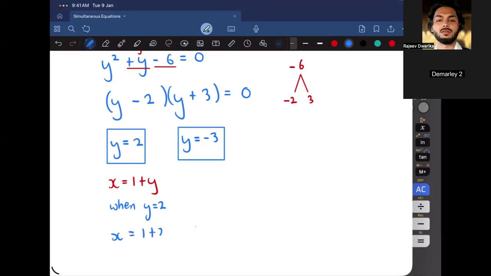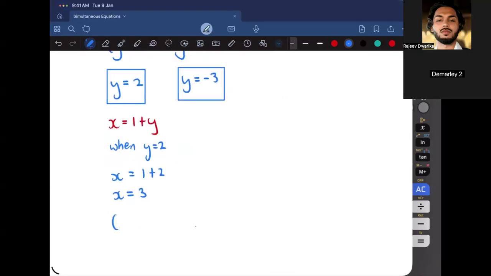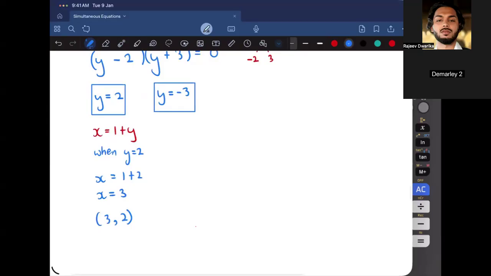So your coordinate would be (3, 2), right? And when y is equal to -3, x will be equal to 1 plus -3. What is 1 plus -3?